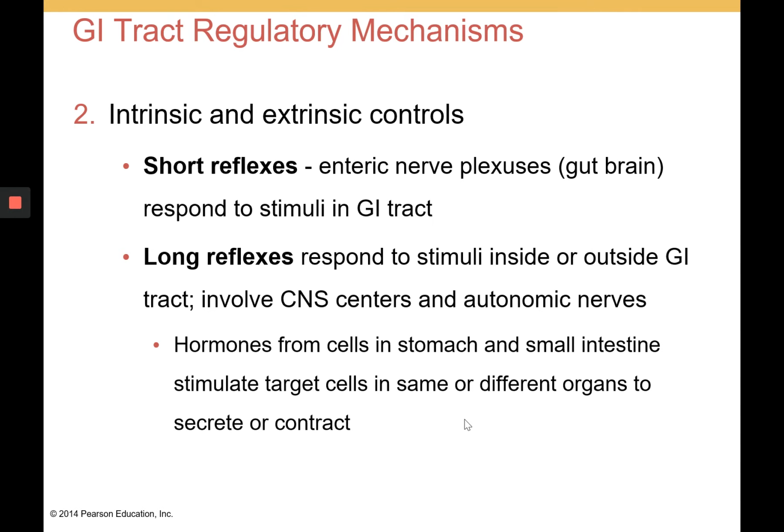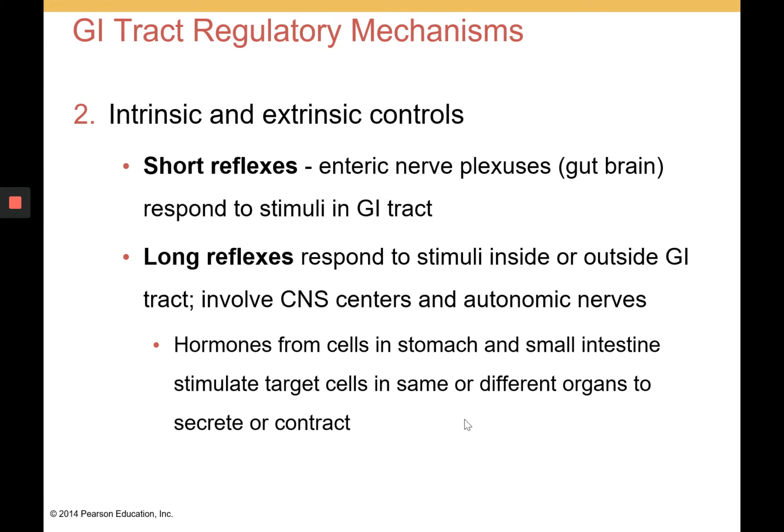When we're looking at the GI tract regulatory mechanisms, we have to mention the intrinsic and extrinsic controls, or control by nerve plexi. Now, short reflexes are when the nerve plexi are responsible for movement of the GI tract itself, whereas long reflexes are when the GI tract nerve plexi have to communicate with the central nervous system, specifically autonomic nerves that send that information to the brain or spinal cord.